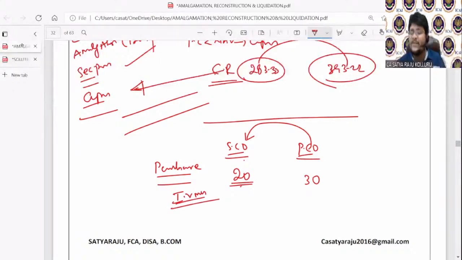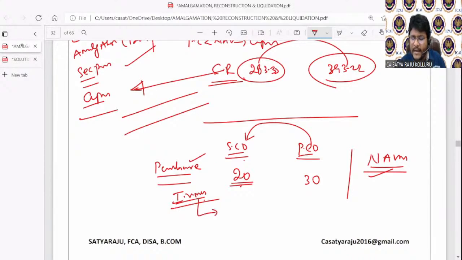If per share values are not given, then there is no requirement of calculation of intrinsic value method. And moreover, net payments method is also not suitable. Why? Because the amount payable to equity shareholders you are unable to ascertain. Then you can apply the net asset value method. Very simple. Sir, how can I differentiate whether NAV method is suitable or the intrinsic value method is suitable?